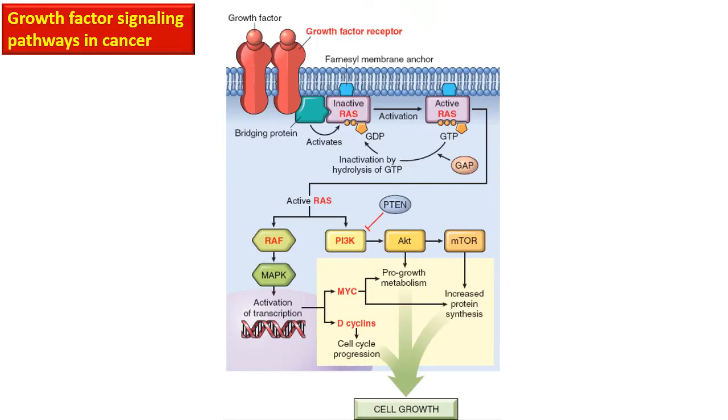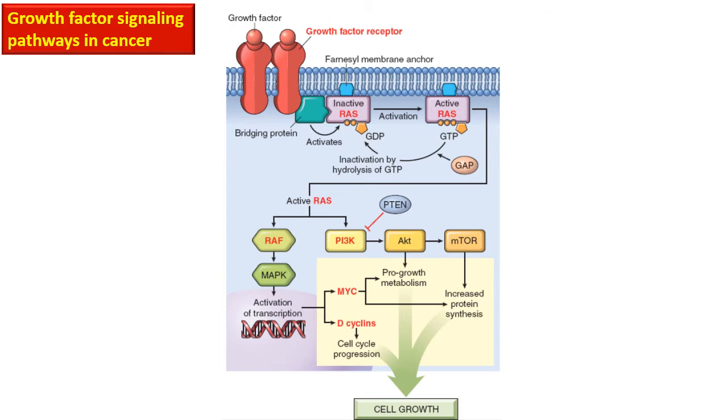This illustration is showing growth factor mediated activation of transcription with resultant cell growth in cancer. Growth factor receptors, RAS, phosphoinositol 3 kinase, MYC and D-cyclin are oncoproteins that are constitutively activated by mutation in various cancers.